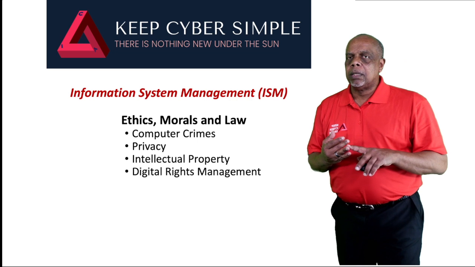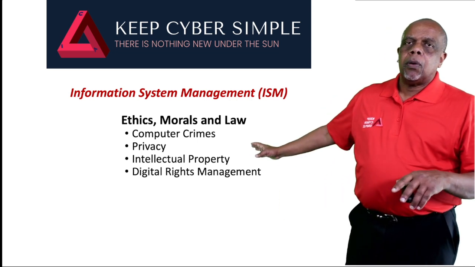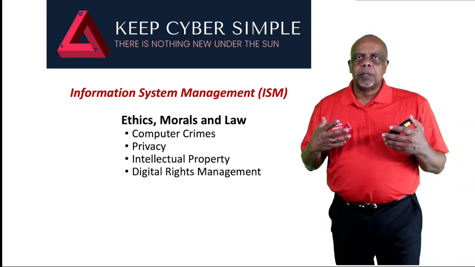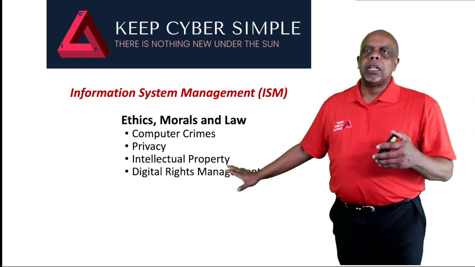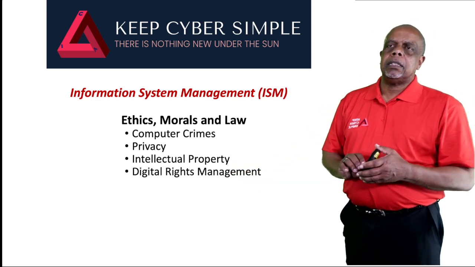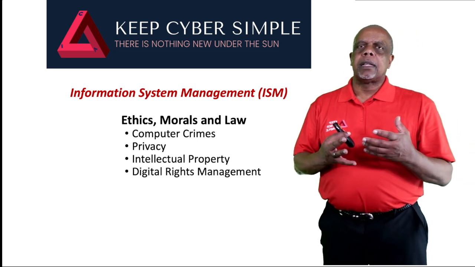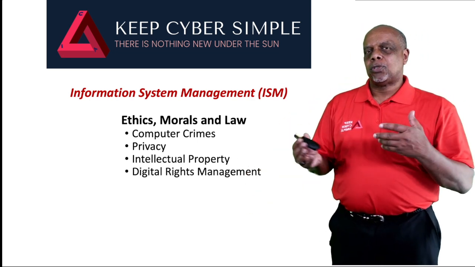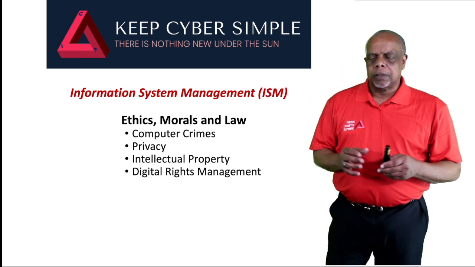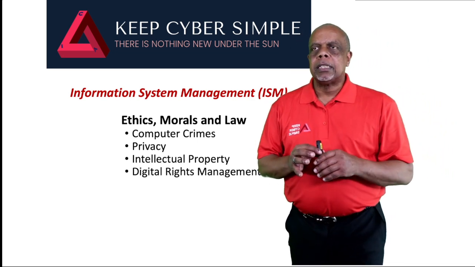It could be based on the intent or use of the computer. We looked into privacy and some of the laws and acts associated with keeping our information private. The same with intellectual property and digital rights management, technological ways of ensuring that our digital information isn't distributed without someone's knowledge. So we covered a lot of things.